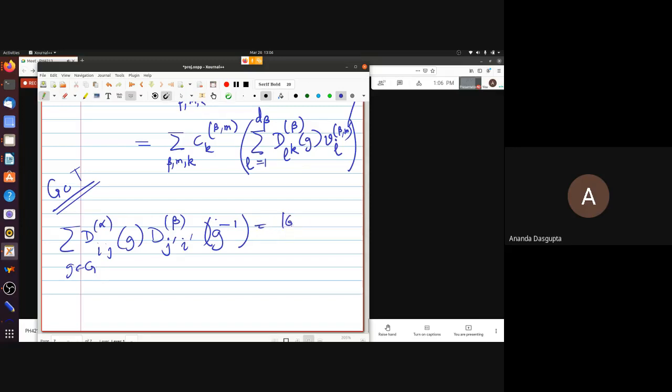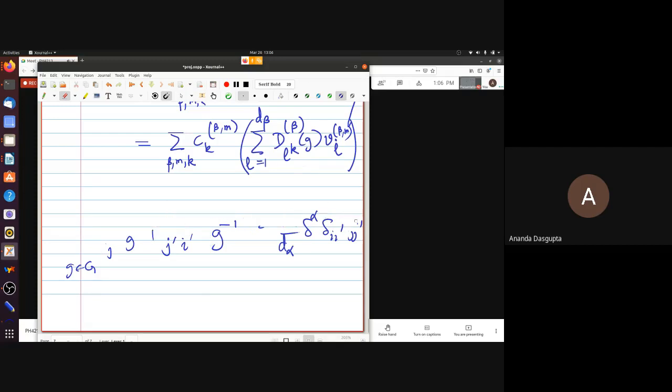That was mod G by d alpha, delta alpha beta, delta II prime. So I've got d beta LK of g. Here, I need two D's, and then I need to sum over the group to get the great orthogonality theorem to help us out. Right. So what do I do here?